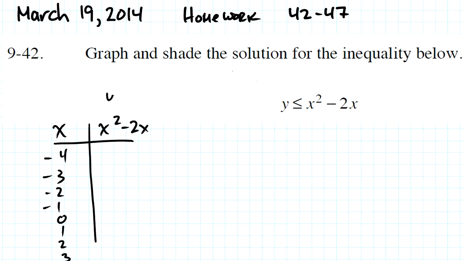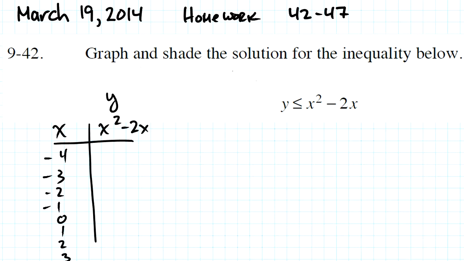Now this is, of course, an inequality, so what I'm doing here is I'm trying to establish the points that are on my boundary line. I can see, because this particular boundary line is less than or equal to, I know that it will be a solid boundary line, but I still need to know exactly where that boundary line is.